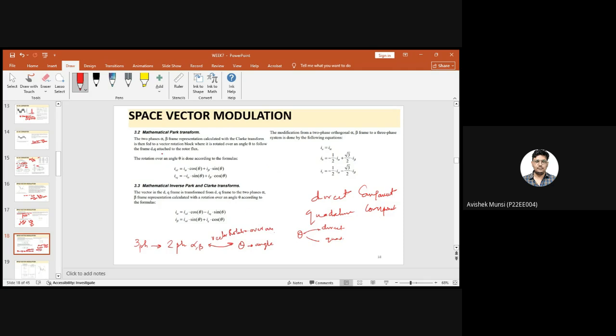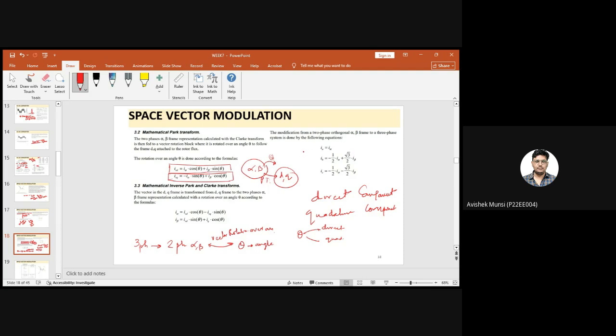So we can convert this alpha beta in terms of dq. If we convert it in terms of dq by moving it through theta, it is called the Park transformation.